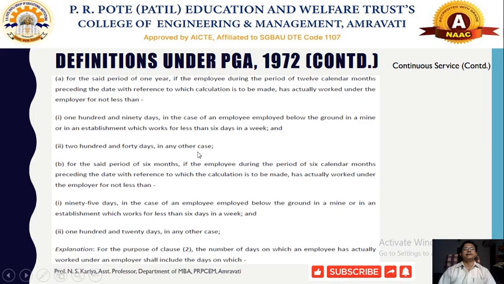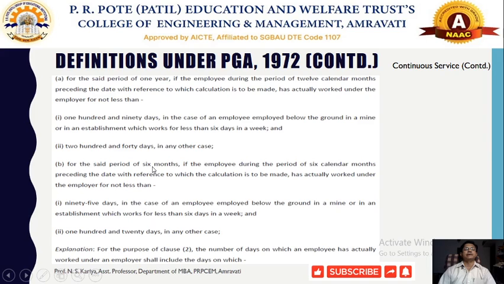240 days in case of other industries excluding mines, the rest of the other industries, wherever the employee would be in continuous service for a minimum of 240 days for the said period of 12 months. And wherever there is a 6-month calendar working, how much would be the total number of days the employee should be in continuous service?